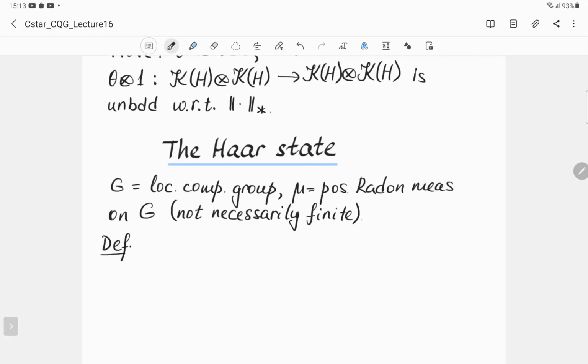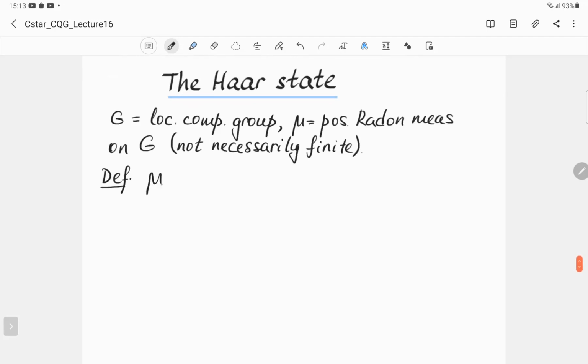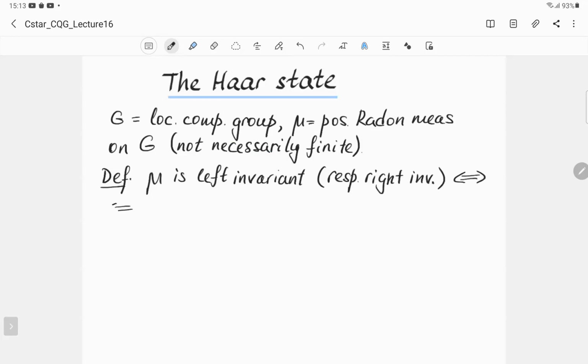By definition, we say that mu is left invariant, and respectively right invariant, if for each Borel subset B of G, and for each point little x in G, we have the following equality.